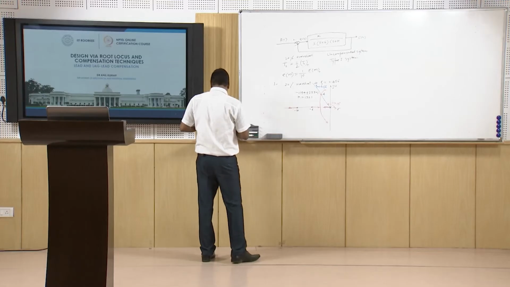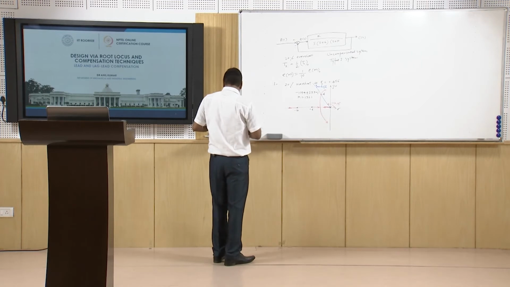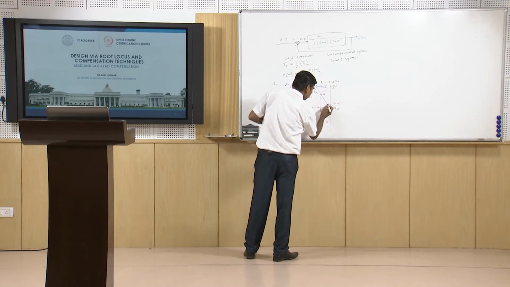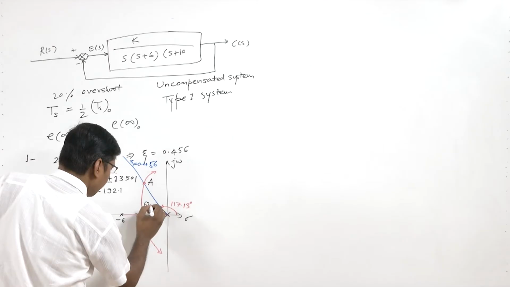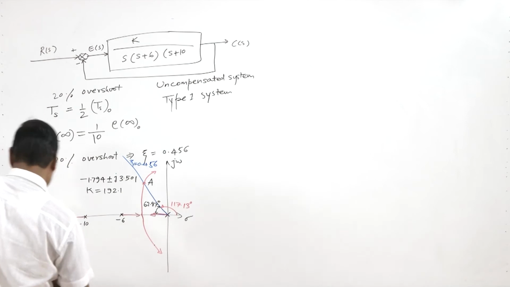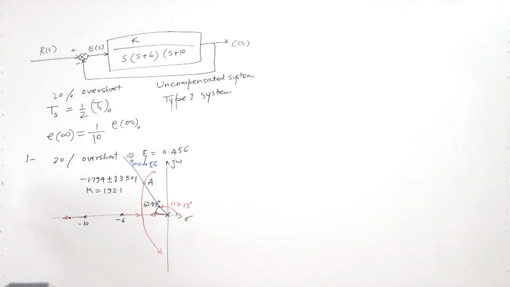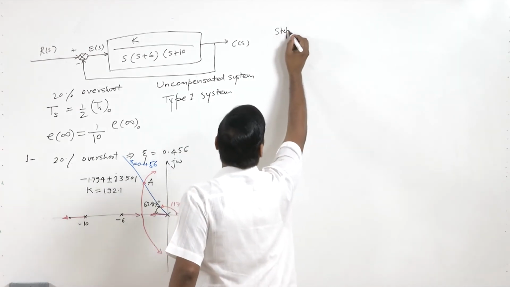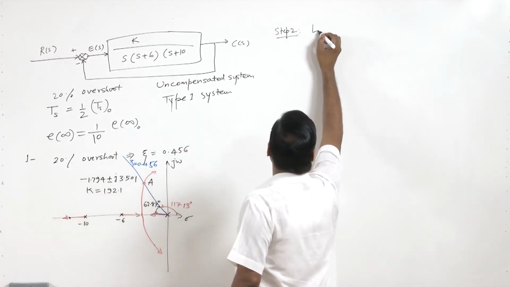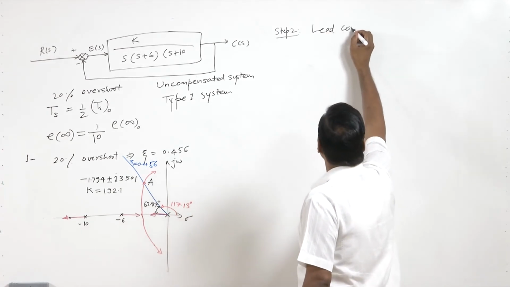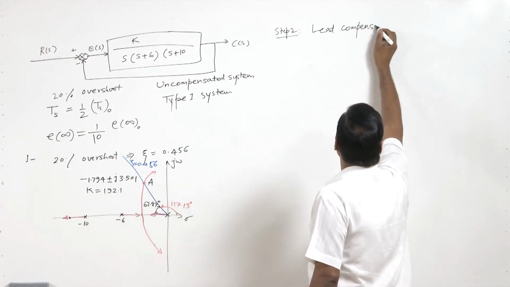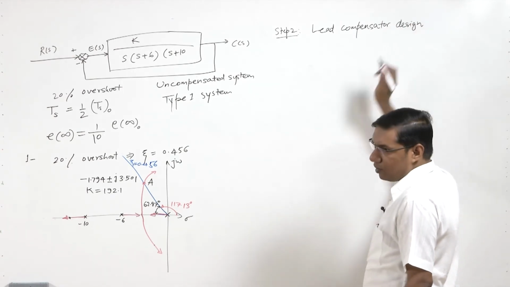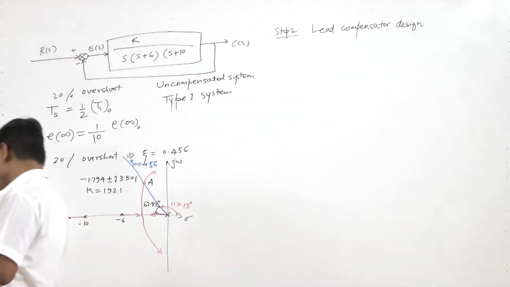Now we can calculate, so this angle is 62.87 degree. Now we will go for step 2, that is the lead compensator design. So we will design the lead compensator here.